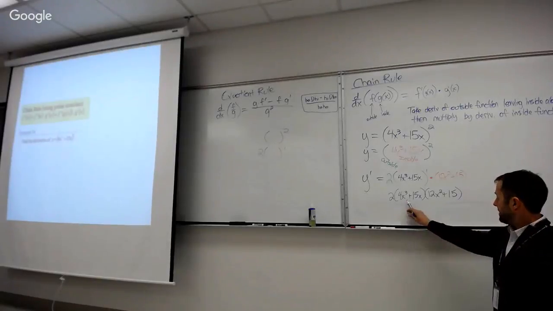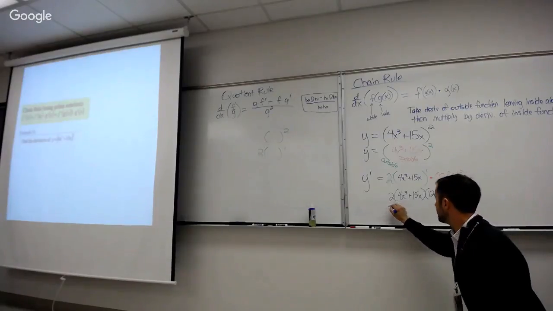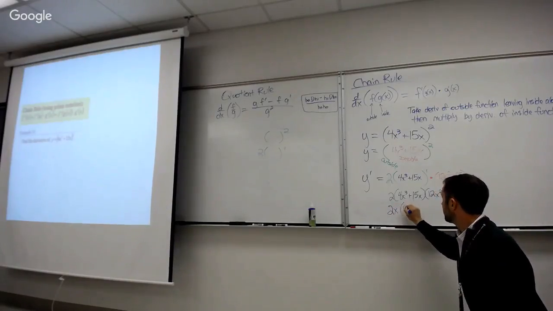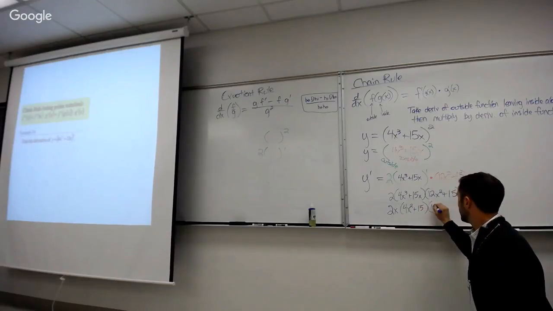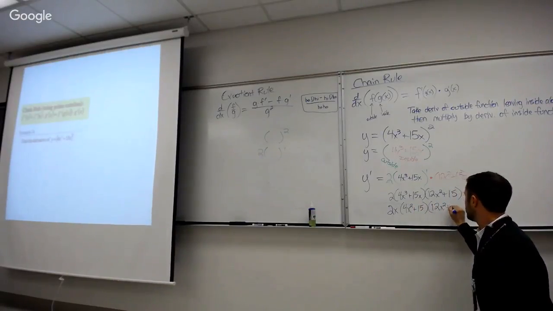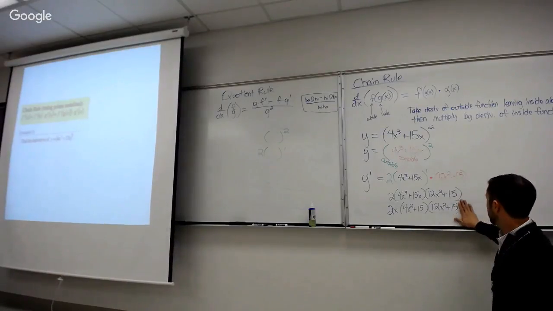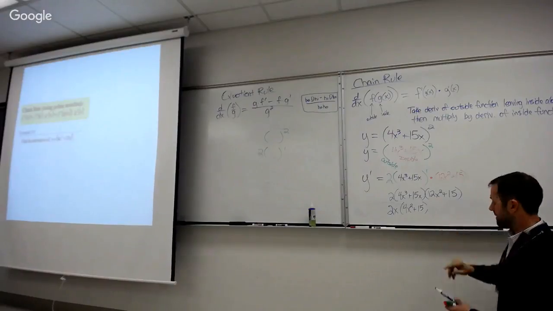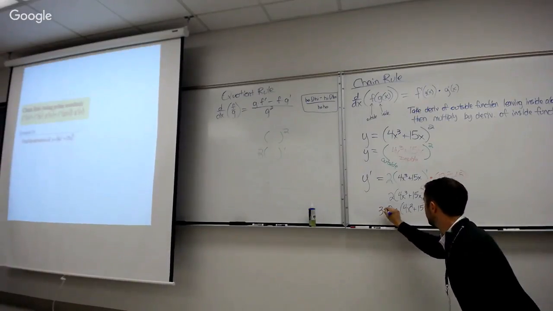On the one hand, I could pull an x out of this, right? So then I would just have 2x outside of 4x squared plus 15 times 12x squared plus 15. Oh, I shouldn't have written that second part down yet. What else can I take out of the 12x squared plus 15? 3. I can take a 3 out of there. So I'm going to move a 3 out here.